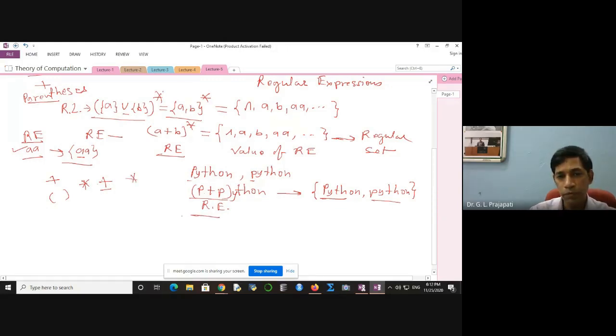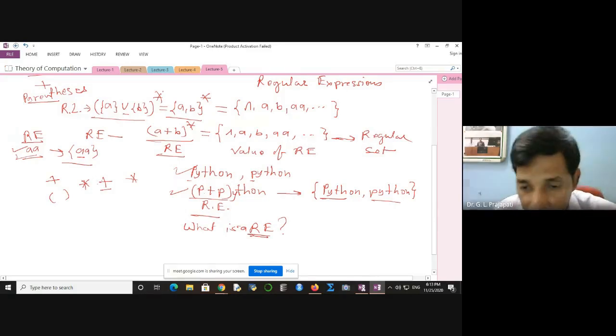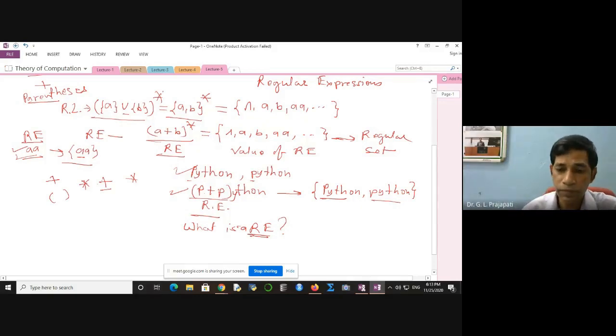Now you may ask what we mean by the regular expression. What is actually a regular expression? Here we have seen the simplest regular expressions. This is a regular expression, this is a regular expression, and double A is also a regular expression, and we have seen the value of these regular expressions. A regular expression actually denotes some sort of formula.